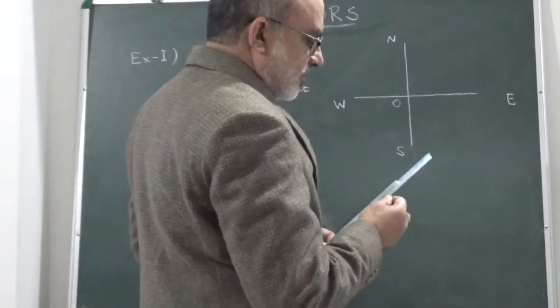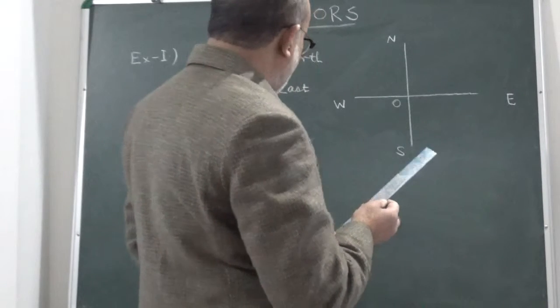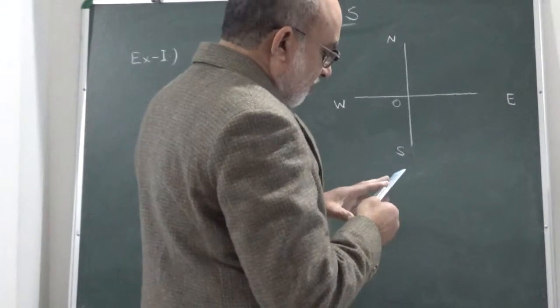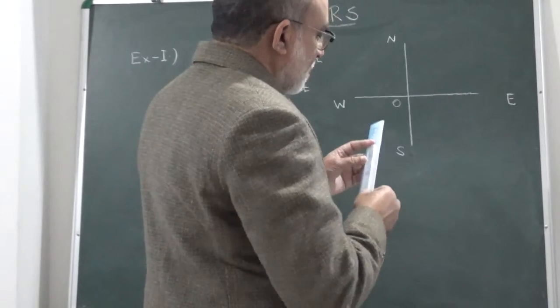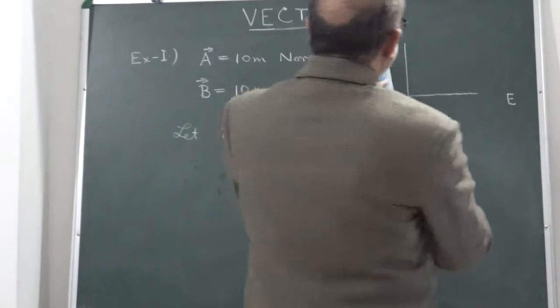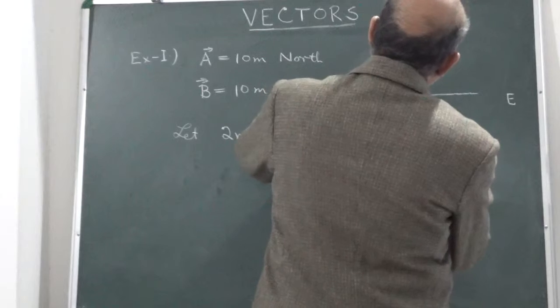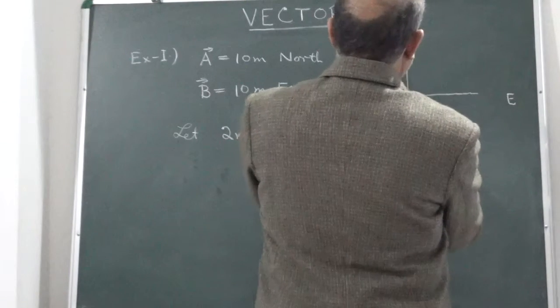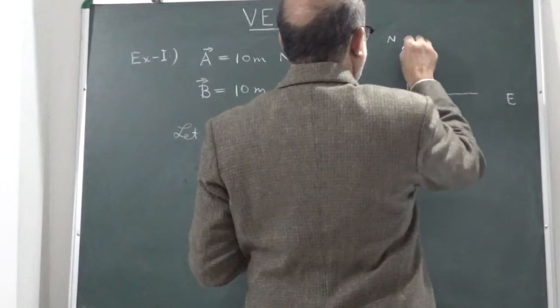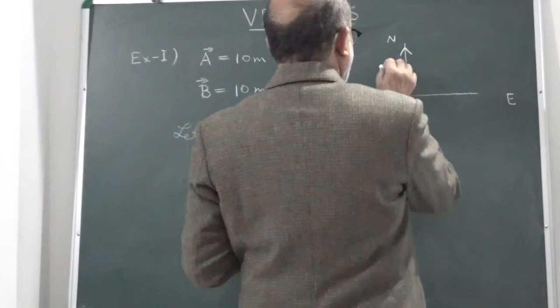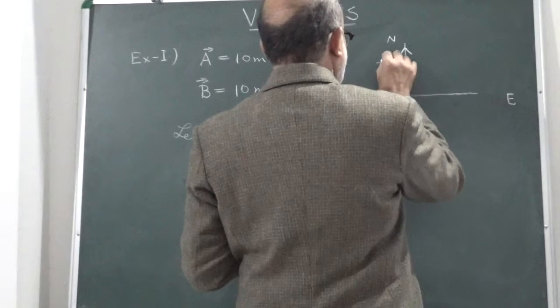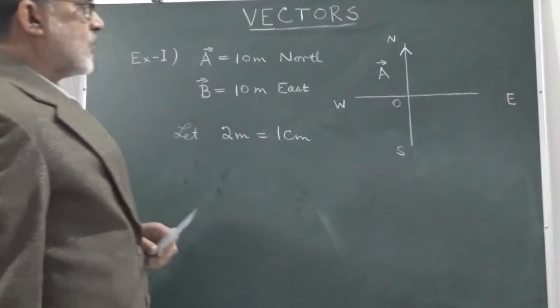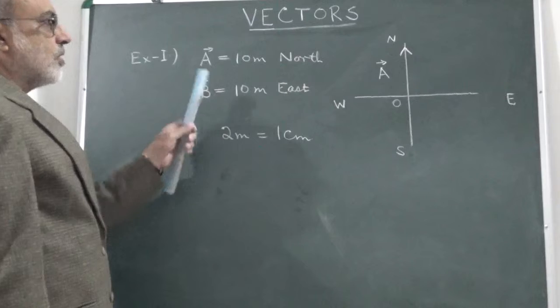You can use centimeters in your copy, but I am taking inches. So 5 inch is here, and this length represents the vector. So A has been drawn.